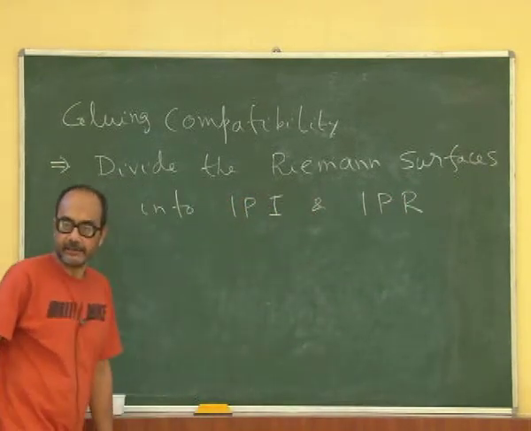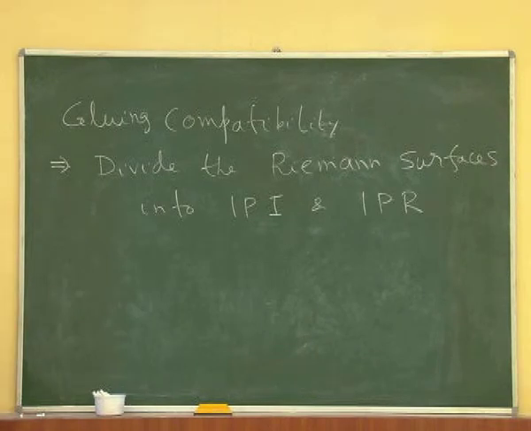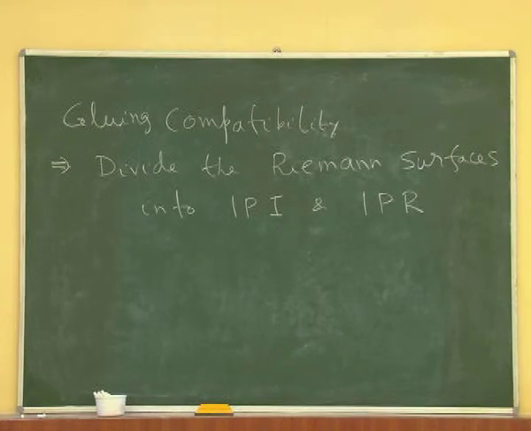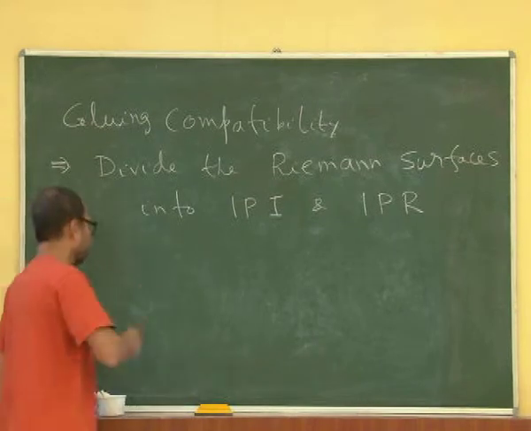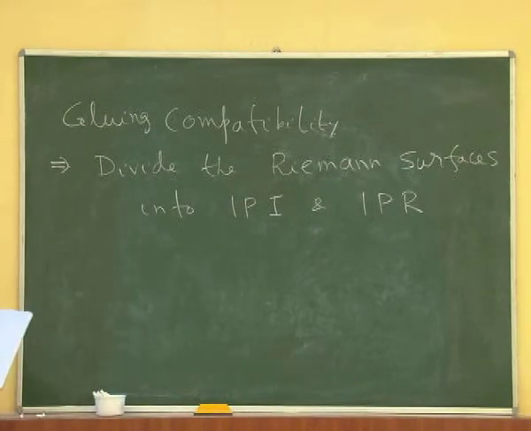Okay, this is just a definition. We are going to define what you mean by one particle irreducible and one particle reducible, but this is what it allows us to do.